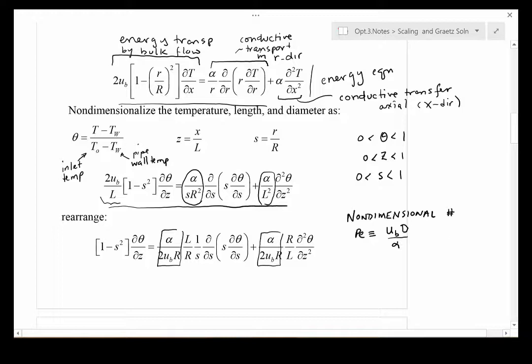This is again called the Peclet number. The Peclet number tells us about the relative importance of heat transfer by bulk fluid motion as compared to heat transfer by diffusive processes.